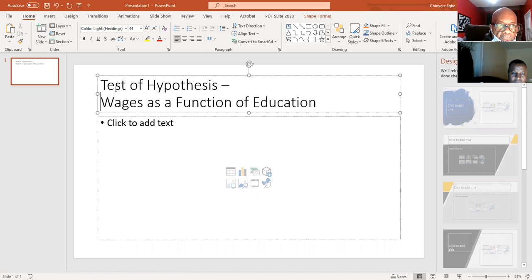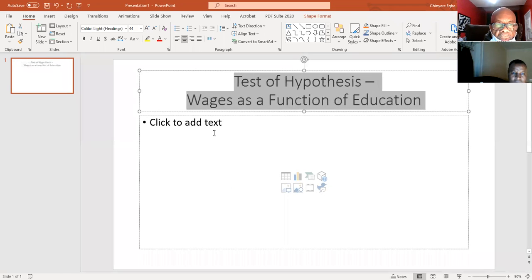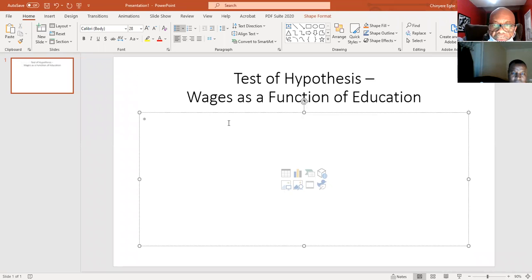So the question is, does education affect wages? That is to say, if you have more education, do you have more wages or do you have less wages? Or can we argue that education does not significantly affect wages?